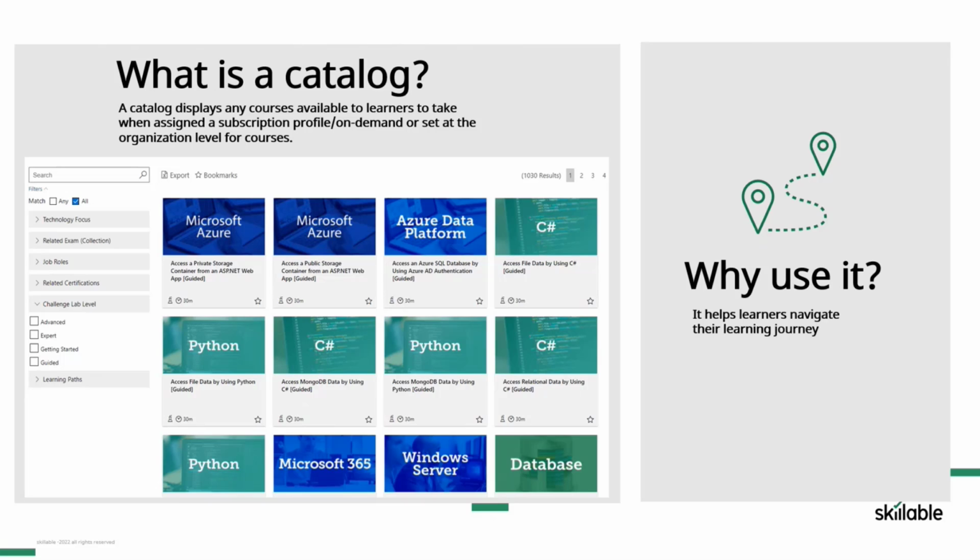The reason I say that is because, let's say you have an extensive catalog of courses, and those courses pertain to a specific topic. If you think of certifications or exams, rather than giving the user access to all of the courses available within your organization, you can make it more specific by giving them the subscription profile, where they will spend more time learning the skills that you need them to learn rather than finding a course and taking it on a skill they don't need for a subscription, a certification, or an exam.